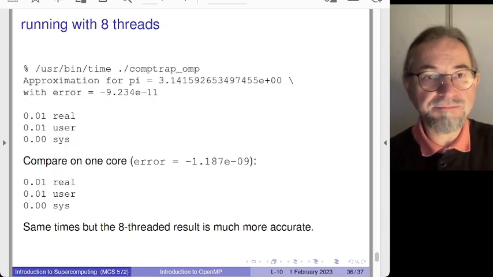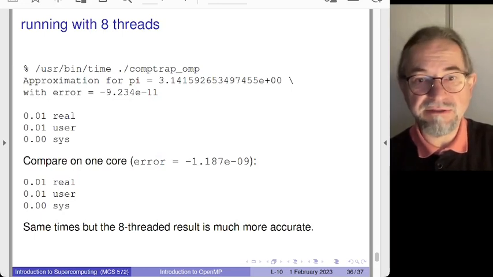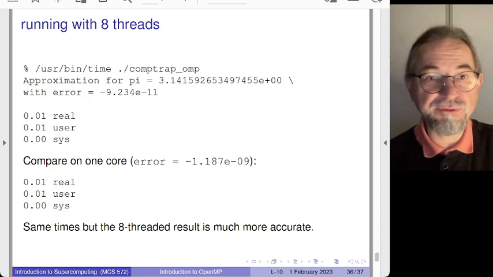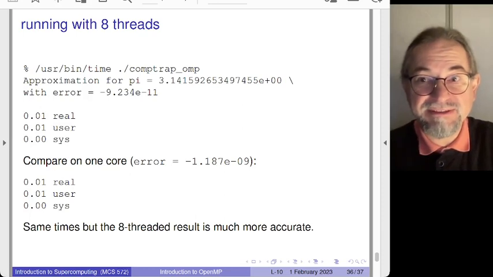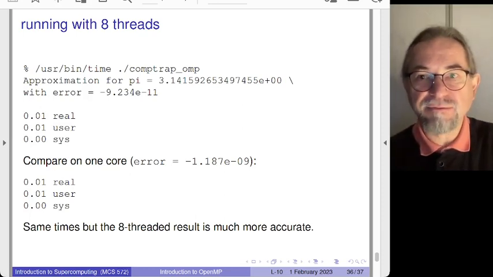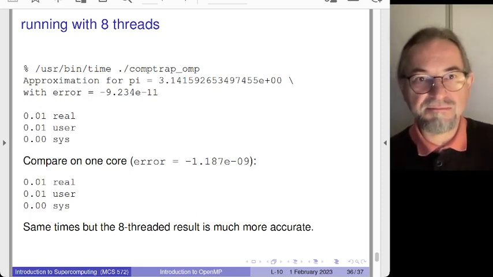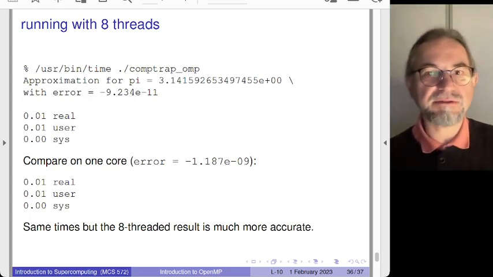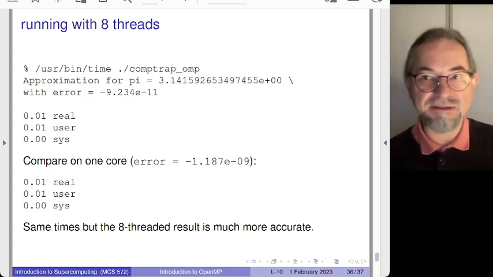Okay, so here is the running, and here is actually the punchline. If you do time with 8 threads, look at the time, there is no difference. It still happens in 10 milliseconds. I was executing this on a much older Intel MacBook Pro, and there's 17 and 19 milliseconds, I'm sorry.